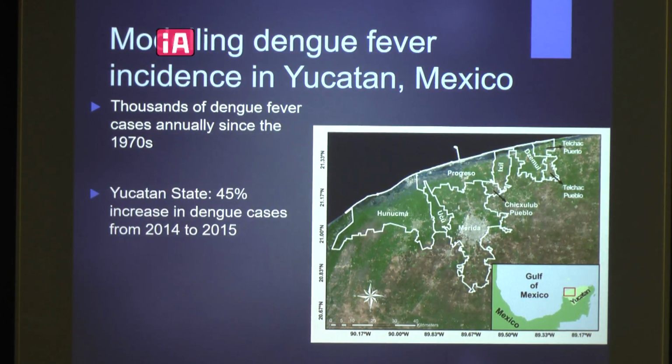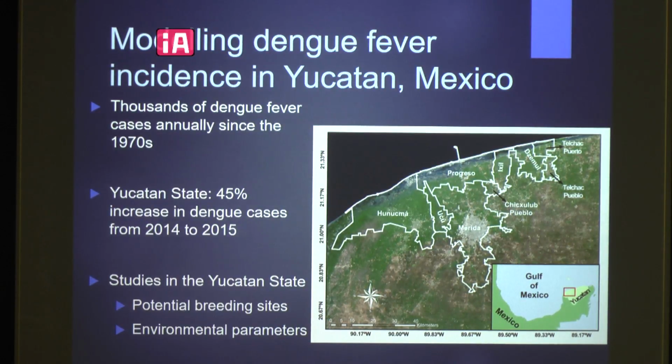For the Yucatan state, we saw an increase of 45% in the number of dengue cases from 2014 to 2015. And this is very true for this specific year. However, it could vary in other years or in other locations. It could be higher or less than that. And it's very related to the epidemics and to the phenology and how the virus and the mosquito behave themselves.